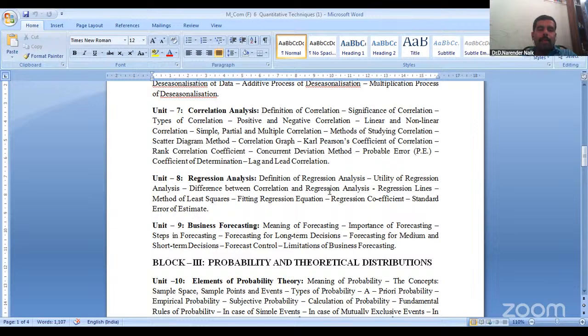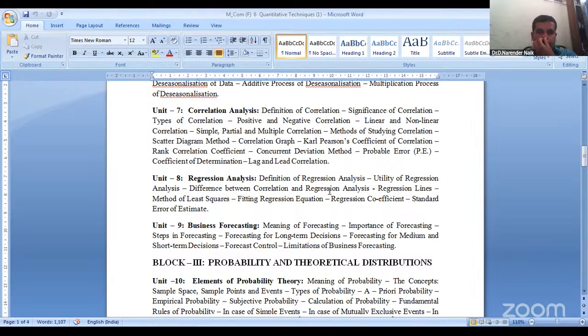In regression we are going to see the regression lines. Regression lines means here x and y. There are two types of regression lines, that is x analysis and y analysis. And here Karl Pearson coefficient of correlation. Fitting regression equation, then regression coefficient, we'll see.